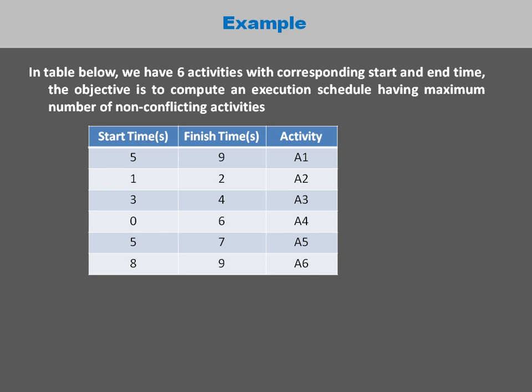Here we are given a table. Within the table it gives the start time, finish time and the activity. There are a total of 6 activities, and the start and finish times are also given. Now we will solve this problem to compute an execution schedule having the maximum number of non-conflicting activities.